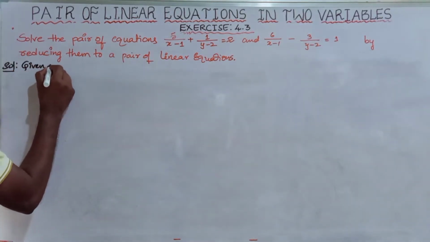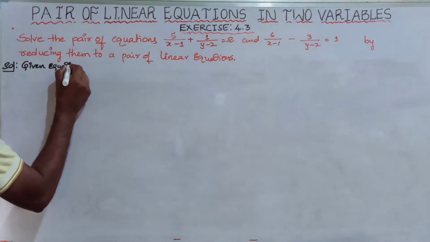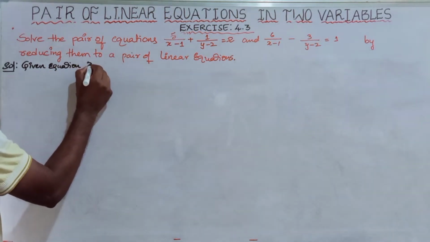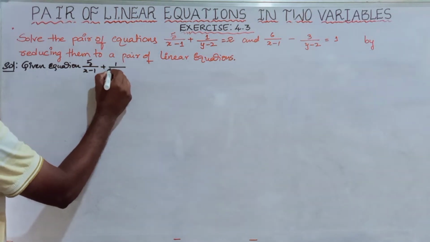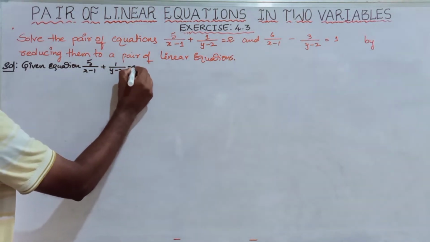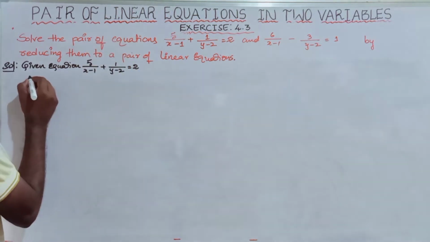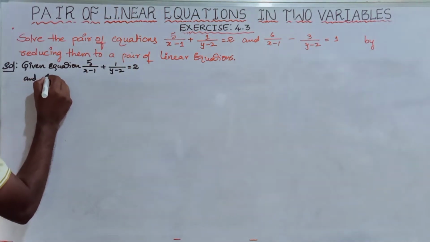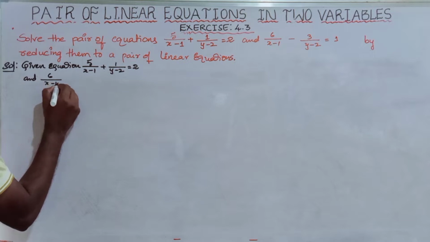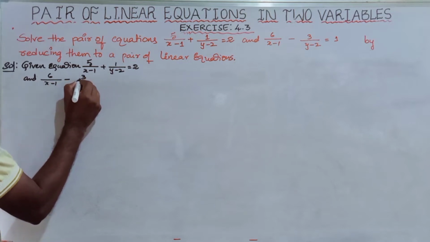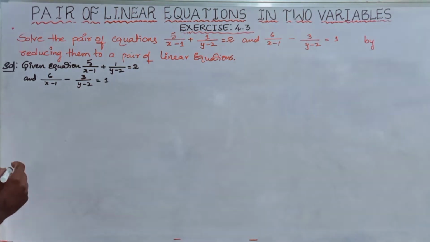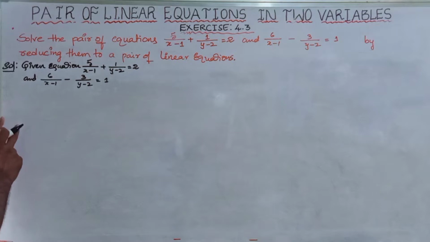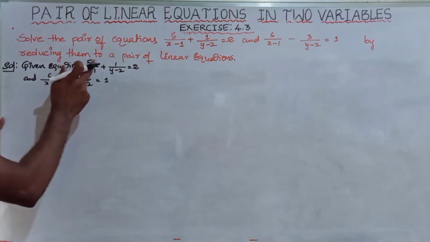Given equations: 5 by (x minus 1) plus 1 by (y minus 2) is equal to 2 and 6 by (x minus 1) minus 3 by (y minus 2) is equal to 1. We observe the given pair of equations. They are not in linear form.